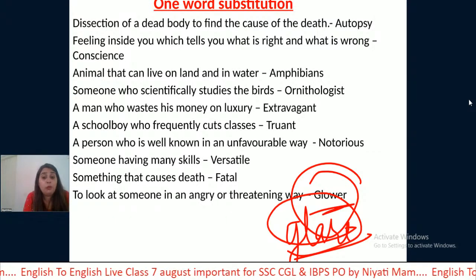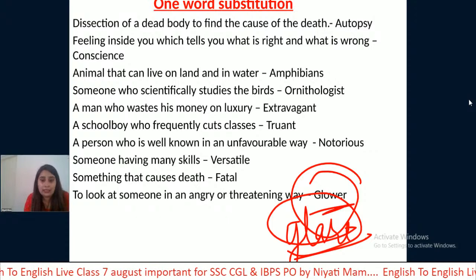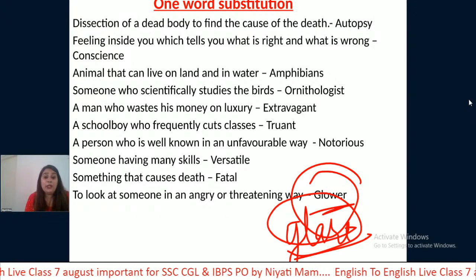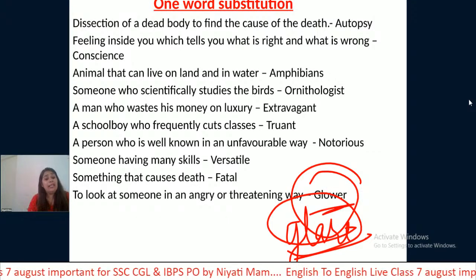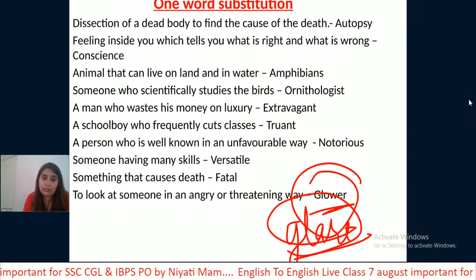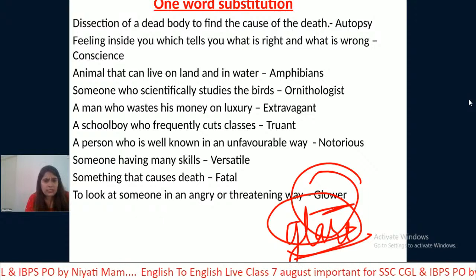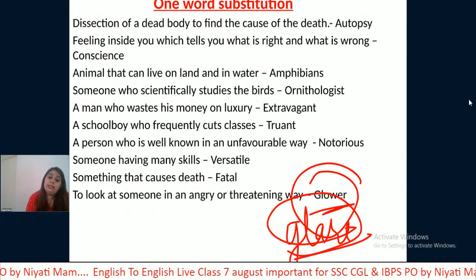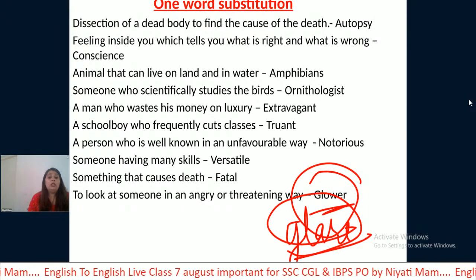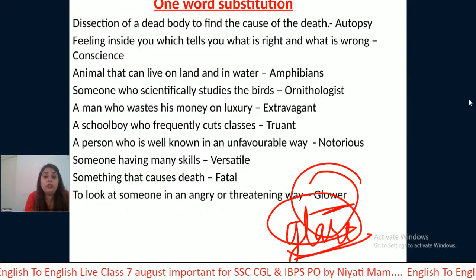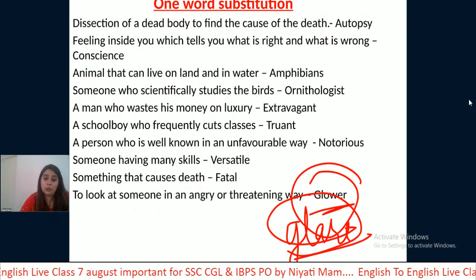A schoolboy who frequently bunks classes: truant. A person who is well known for negative things is notorious. Someone having many skills: versatile. Something that causes death: fatal. Poison is fatal. To look at someone in an angry or threatening way, the right word is glower.